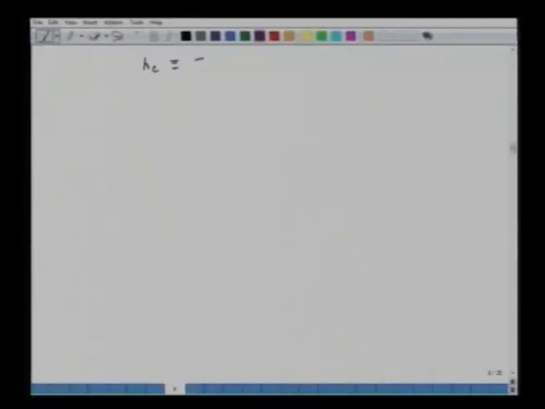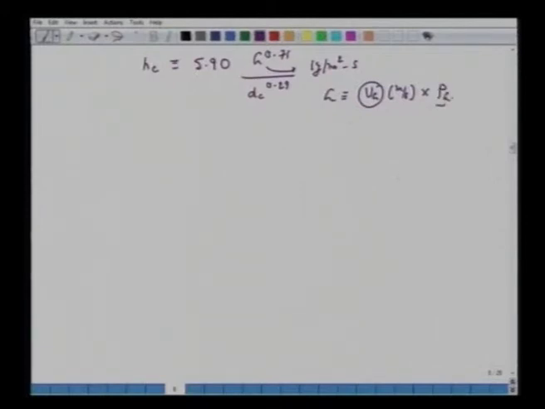Alright, so let us calculate Hc, the convective heat transfer coefficient. We use the same correlation which we had earlier, 5.90 G to the power 0.71, where G is given in kg per meter square per second, over dE to the power 0.29. So what is this G in kg per meter square per second? This is nothing but UG, the velocity in meter per second, multiplied by the gas density rho g, so it's a mass flux. Now this UG is of course given to us, 0.3 meter per second.